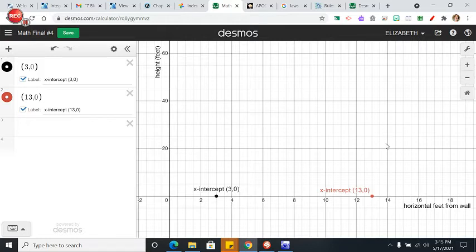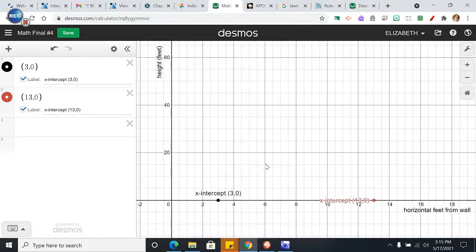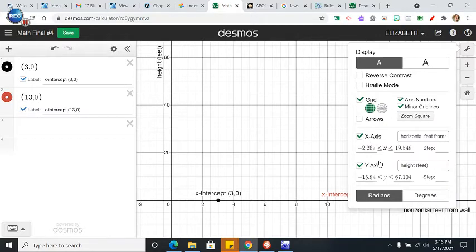If your window is not a good window, maybe you're way off like this, you can, of course, just drag the graph around, but that doesn't mean you're going to have the max and min. So I'm adjusting my x-axis so that I can see both x-intercepts and I can see my y-axis clearly.